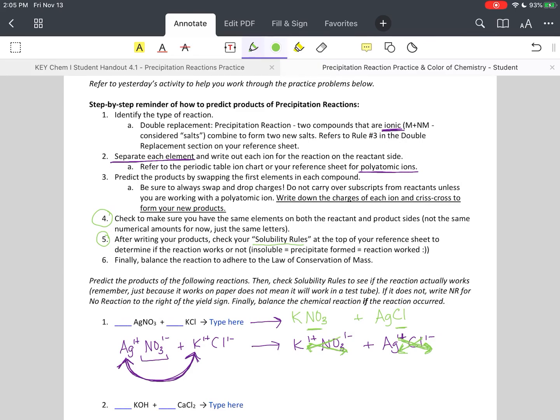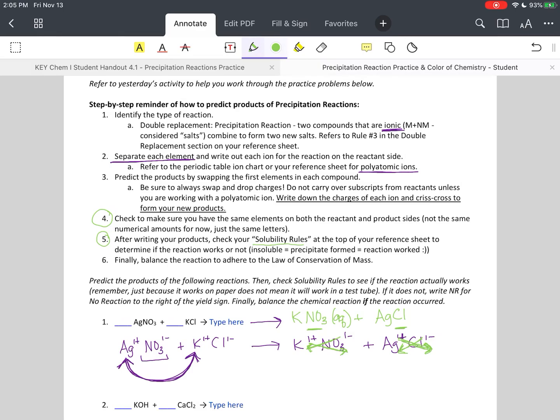Usually your rules are listed by the anions. So if this is an NO3, this is a nitrate. If I look at rule number 2, it says nitrates are soluble. So that means I'm going to put an AQ for soluble. That means it's dissolved in solution.